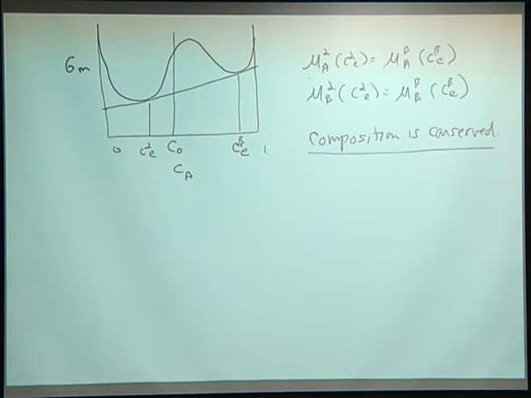So let me contrast that with what's called the Bragg-Williams model, for ordering.